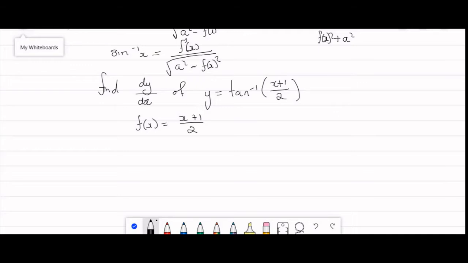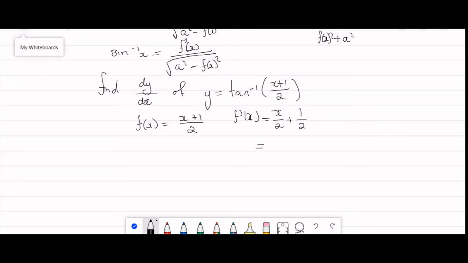To find the derivative of f at x, we say f prime x is equal to, I would like to separate this f at x because we have a common denominator. So it will be x over 2 plus 1 over 2.